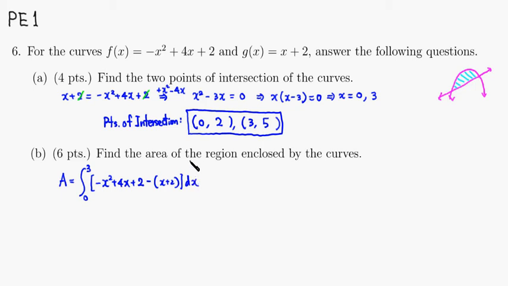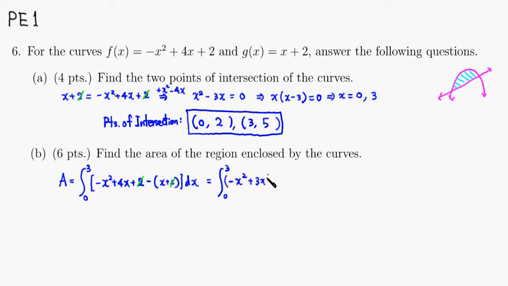Right, so we can simplify this. First, 2 minus 2 cancel out. Then this is equal to the integral from 0 to 3 of negative x squared, then 4x minus x, so it's plus 3x.